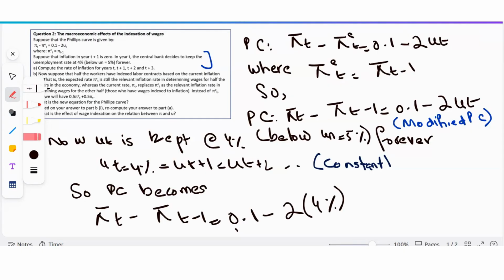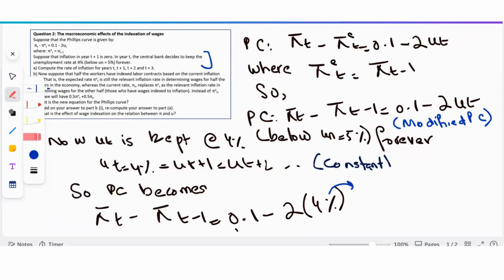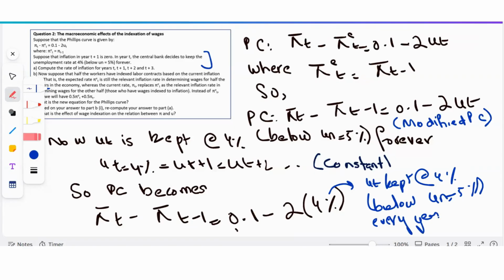Because, like we discussed, u t is kept at 4%, below u n, which is 5%, every year. So we can simplify the Phillips curve equation because we know the unemployment rate u t is kept at 4%, below u n of 5%, forever. So this is true for u t plus 1, u t plus 2, and so on.